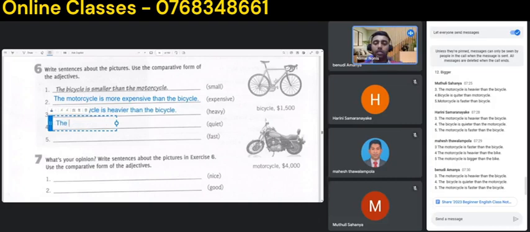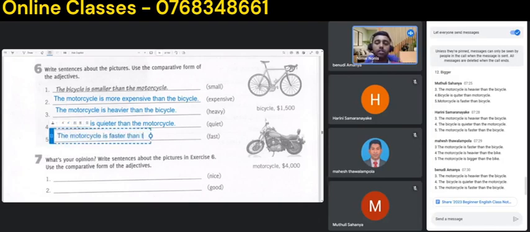You can say the bicycle is quieter than the motorcycle. Then fast. Fast is the motorcycle, no? The motorcycle is faster than the bicycle.